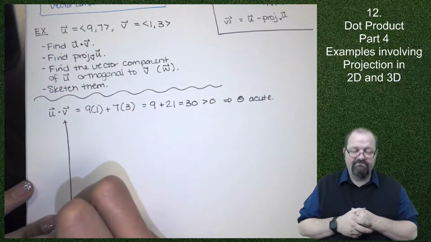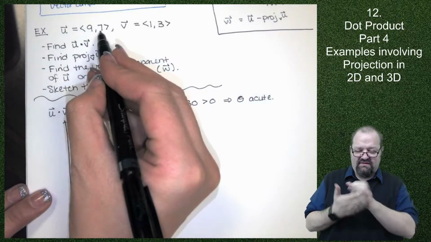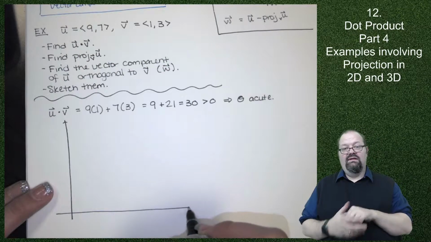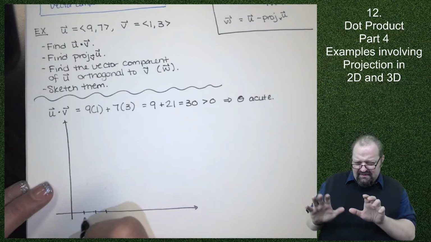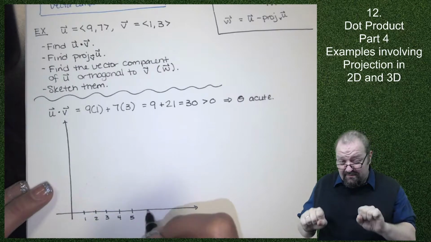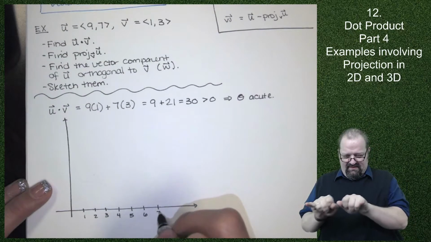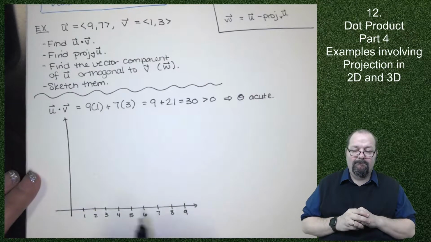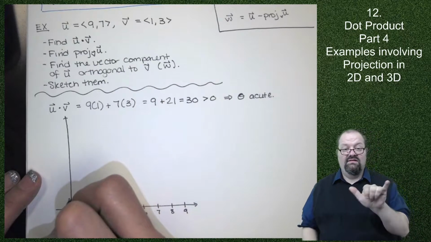I know it says to sketch last, so I think I'm going to sketch first. I want to go 9 units in the x direction, 7 units in the y direction. I'm going to try to make this as nice as possible. Make all my tick marks evenly spaced. So I'm going to go 9 units in the x direction and 7 units in the y direction.